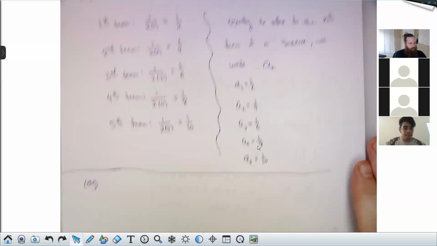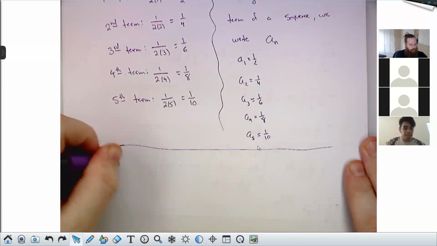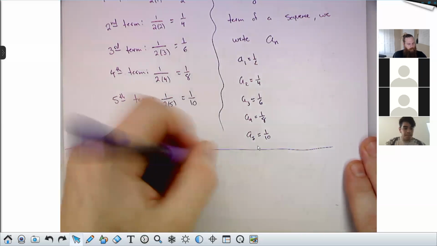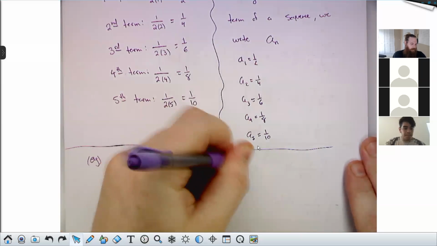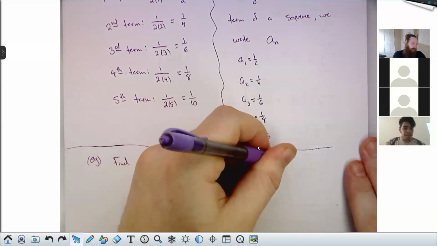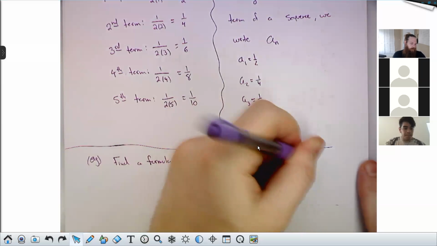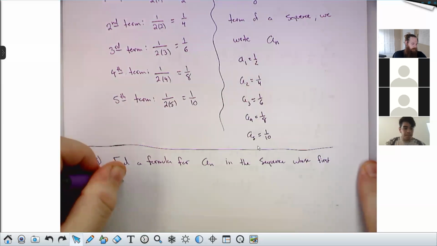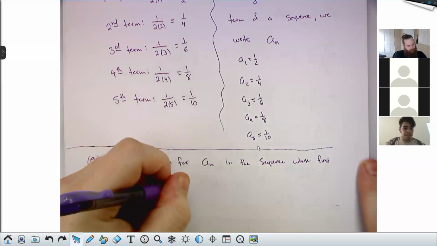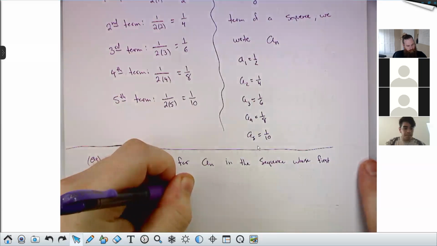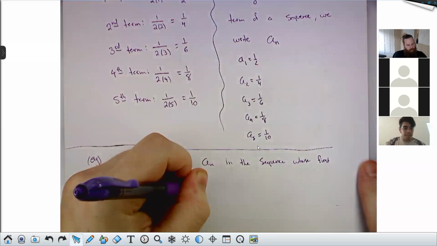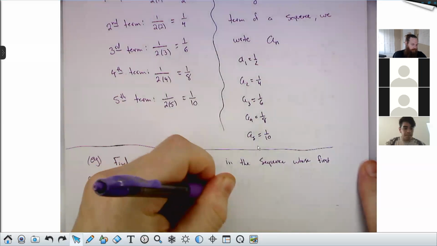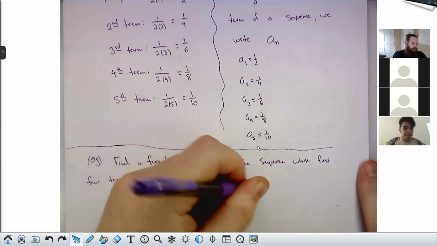So let's say, find a formula for a_n in the sequence whose first few terms are maybe 3, and then 9, and then 27, and then 81, and so on.